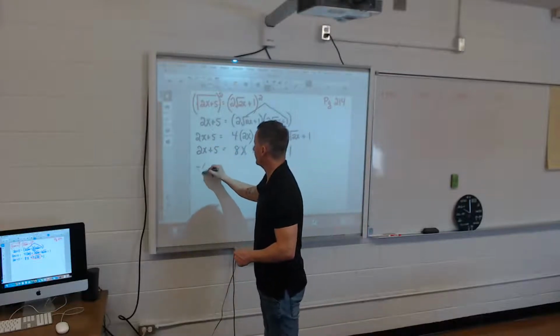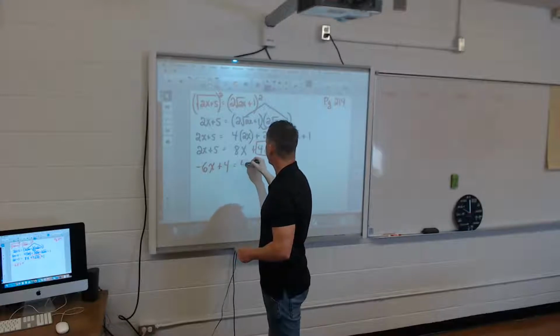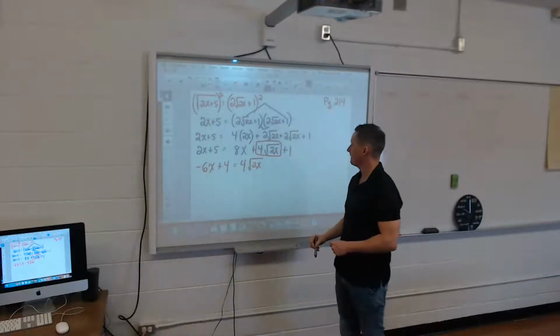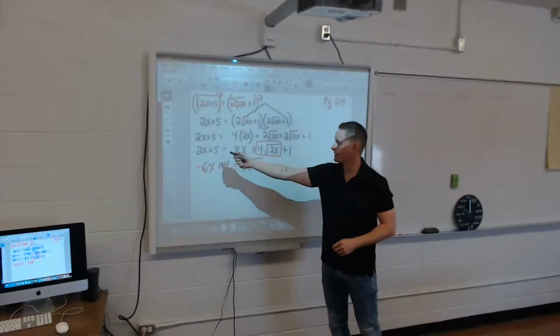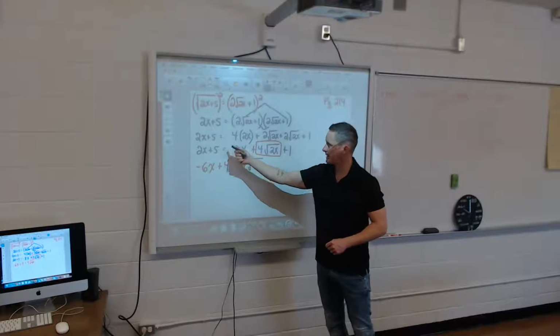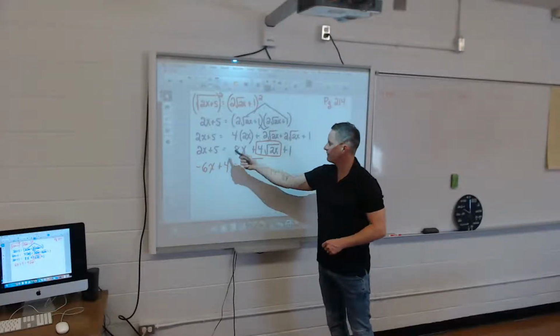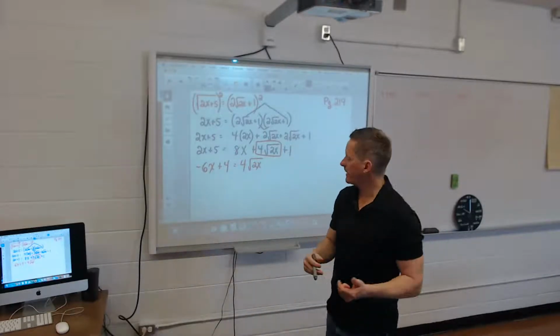So that gives me minus 6x plus 4 equals 4 root 2x, like that. Okay? So I have subtracted 8x to that side, so 2x subtract 8x, and 5 subtract 1 gives me that. Now I have isolated my square root.